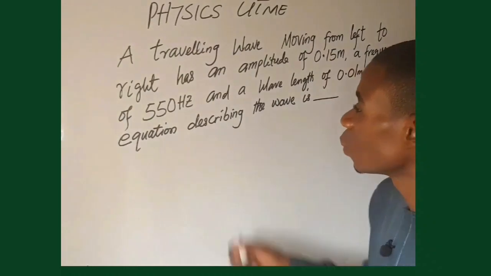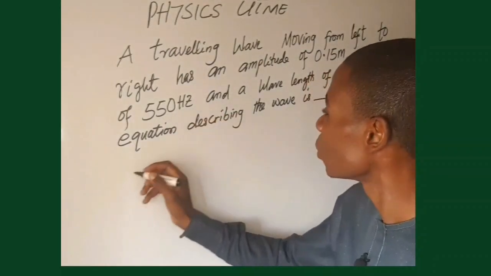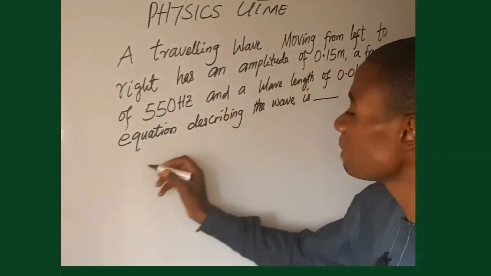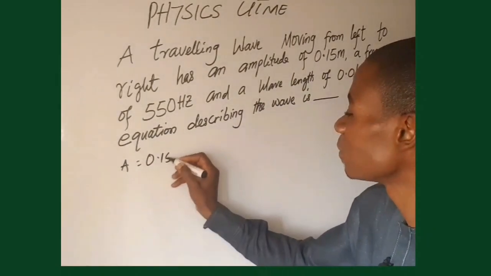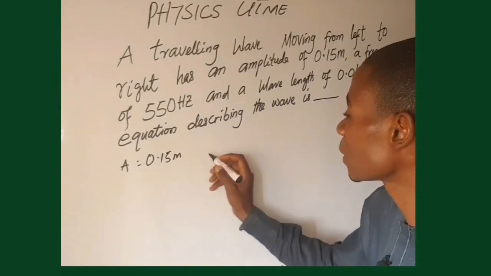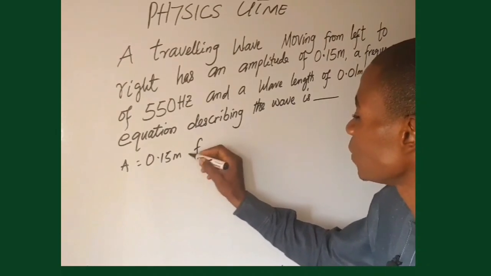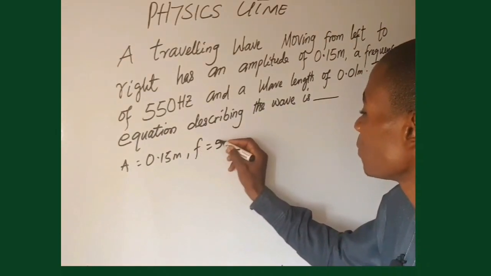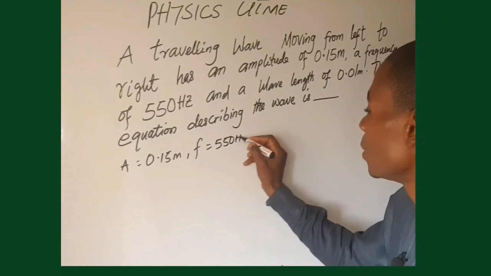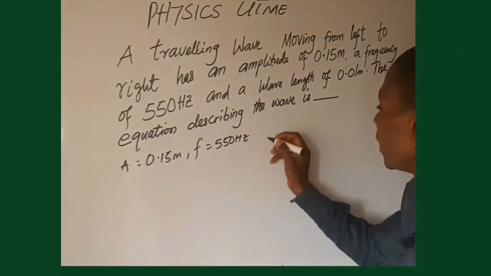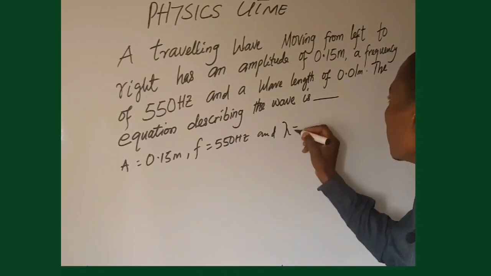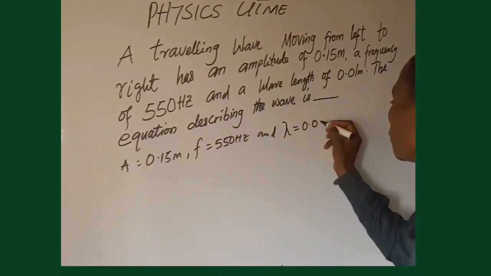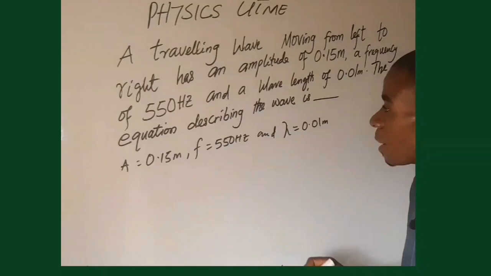All right, so in our question, what is given to us is the amplitude, which is A, given as 0.15 meter, and the frequency f is given as 550 hertz, and the wavelength lambda is given as 0.01 meter.